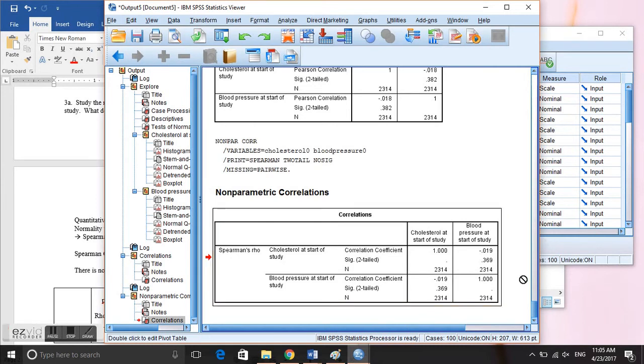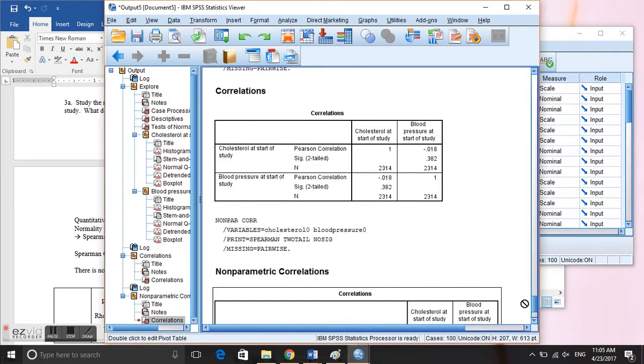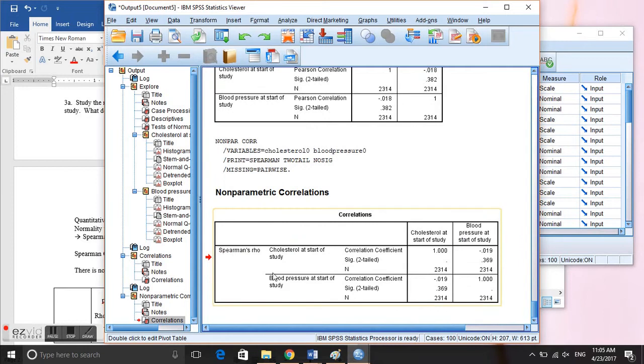Okay, and so we can see here that this is the Pearson correlation. If our 2 variables were both normally distributed, we would look at this table. But because we have decided that one is not, we are going to look at the non-parametric correlations, the Spearman correlation, Spearman's rho here.